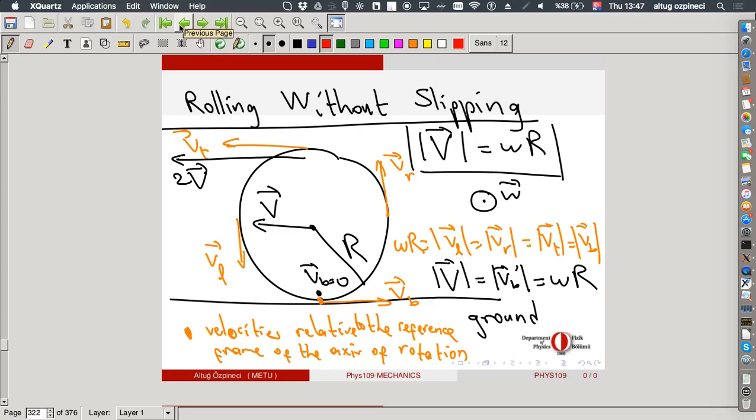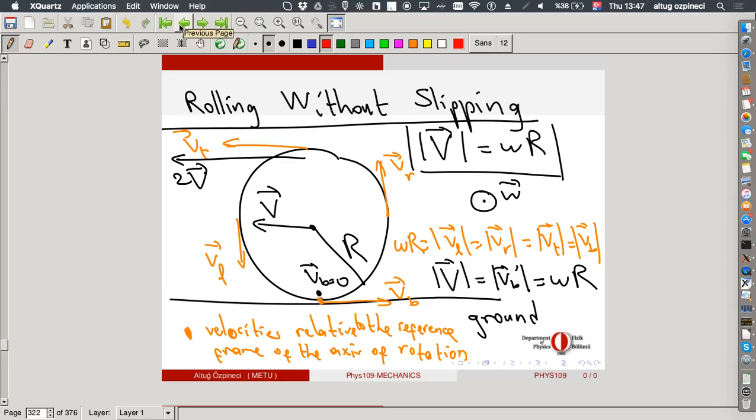Now the other observation was that in the initial reference frame, in which the wheel is moving with velocity V, we had discussed, although I couldn't convince at least one of you, that this point was at rest, and we can treat the motion of this object as if it is rotating around this axis, which is at rest. At this instant, it is as if it is rotating around this axis with the same angular velocity.